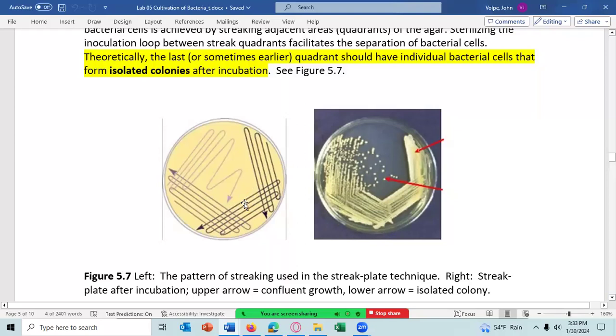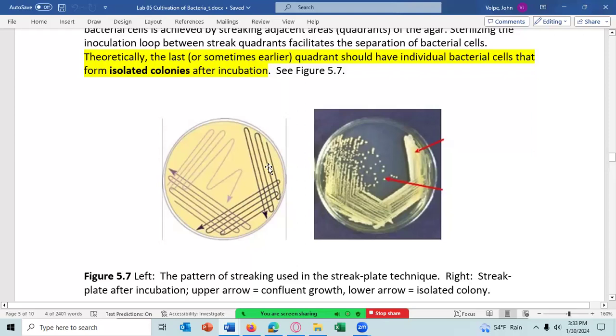And you really shouldn't streak all the way into sector 1. You should streak into really only this region, the lowest concentration of bacteria in sector 1. You don't want to come all the way up here because this will be the highest concentration of the bacteria.